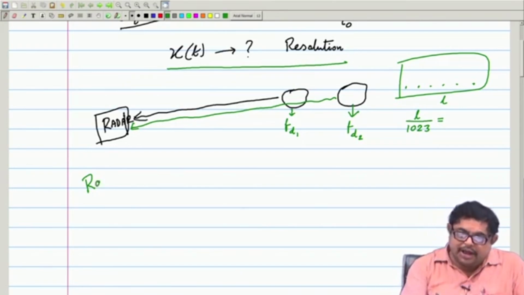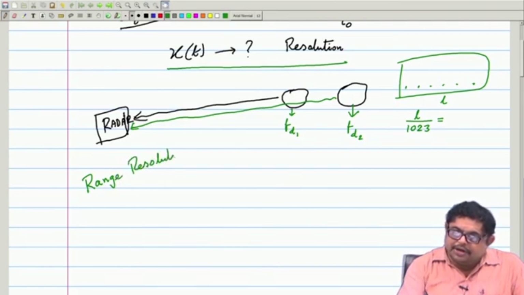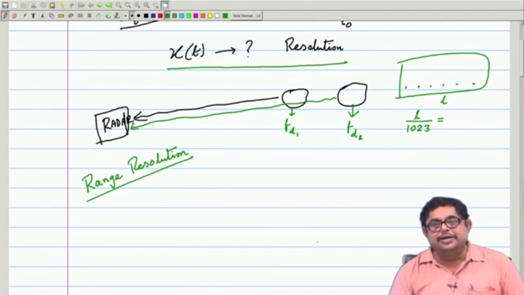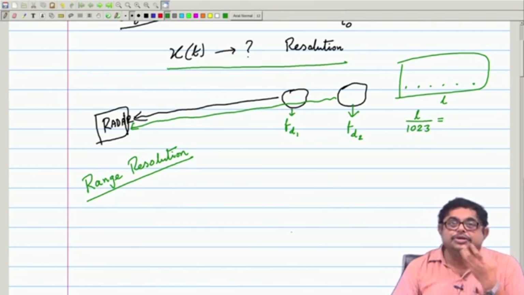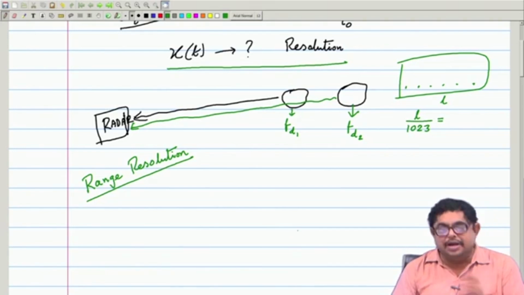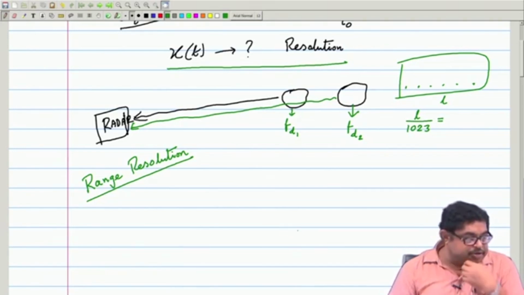So, first we will see the range resolution concept, because what I described is a qualitative description, but finally we require some quantitative things, because we engineers always believe in some numerical values. So, we will have to say what is the resolution of the radar sensor. So, for that we are proceeding.